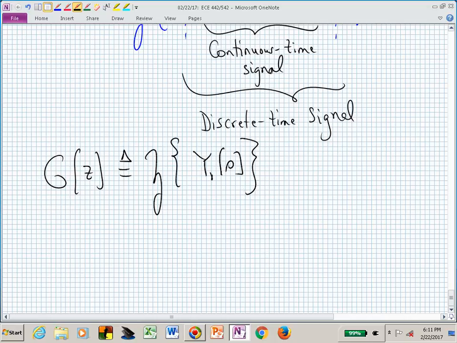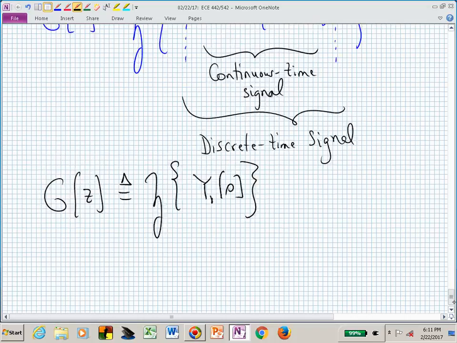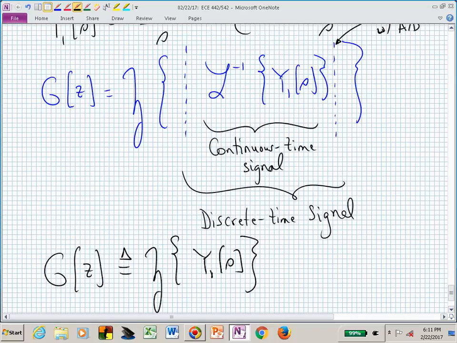And when I say that, what I'm really doing is what was just illustrated above. I'm inverse Laplace transforming capital Y sub 1 of s to obtain little y sub 1 of t. I'm sampling it, and then I'm Z-transforming that sampled signal. That's what I'm defining to be this Z-transform operation.